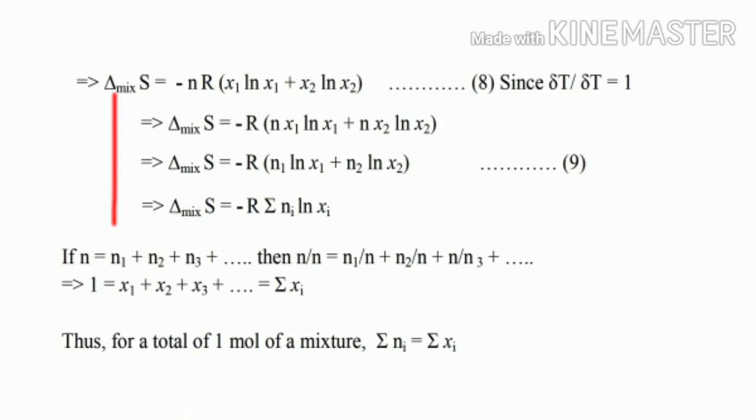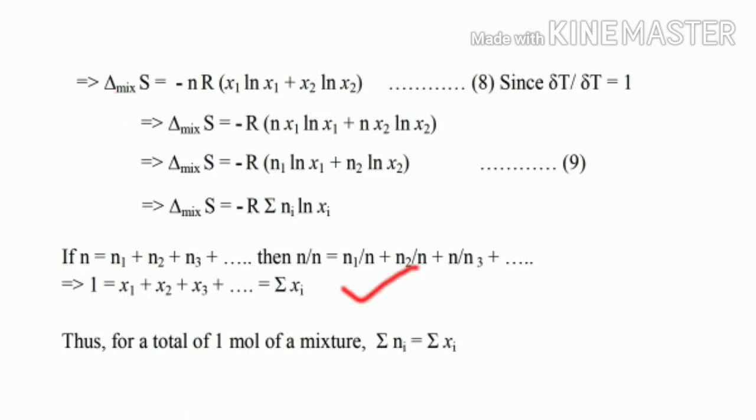This implies ΔS mix equal to minus R, replacing n x1 by n1 and n x2 by n2, n1 ln x1 plus n2 ln x2, from which we can write ΔS mix equal to minus R summation of ni ln xi.